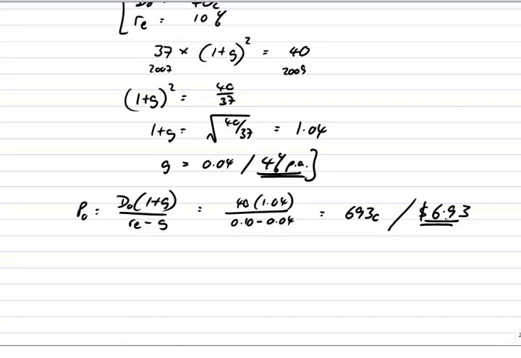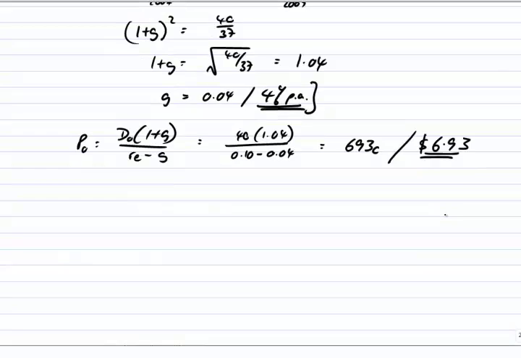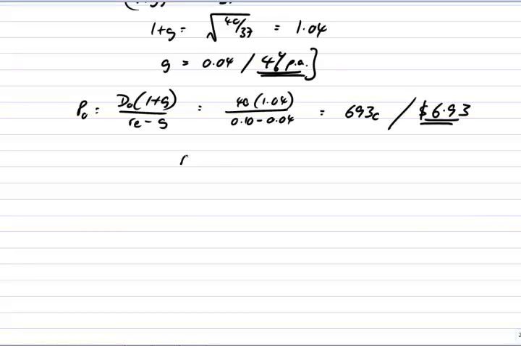It does say calculate and comment, so before we do the second bit, let's comment on that. That's what the dividend growth model says, but of course the actual share price is $6.48. What does that suggest? In theory it'd be $6.93 on the assumption that growth would continue at 4%.